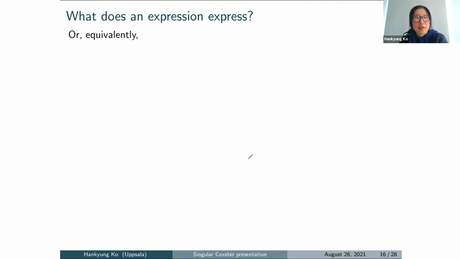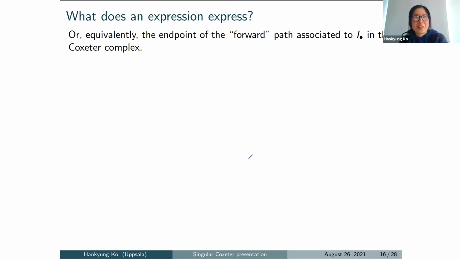Okay, and now I want to explain this in the picture that I drew for S3 in a different example. So we consider some paths like before associated to this string of subsets, and you have to go forward or not.